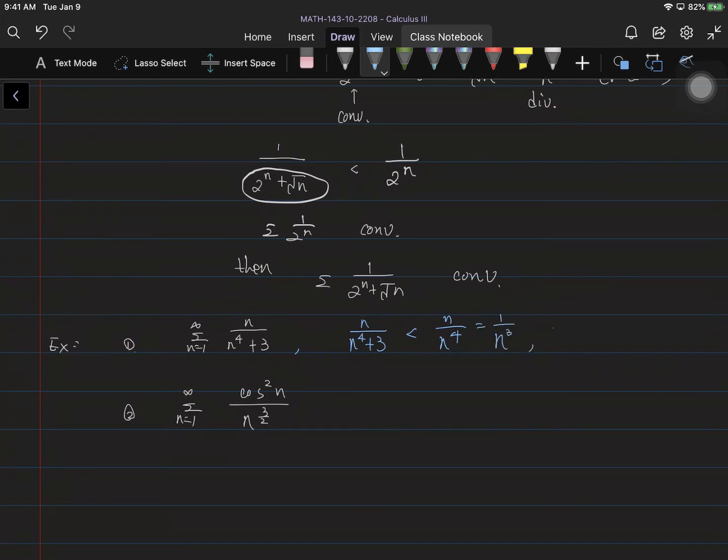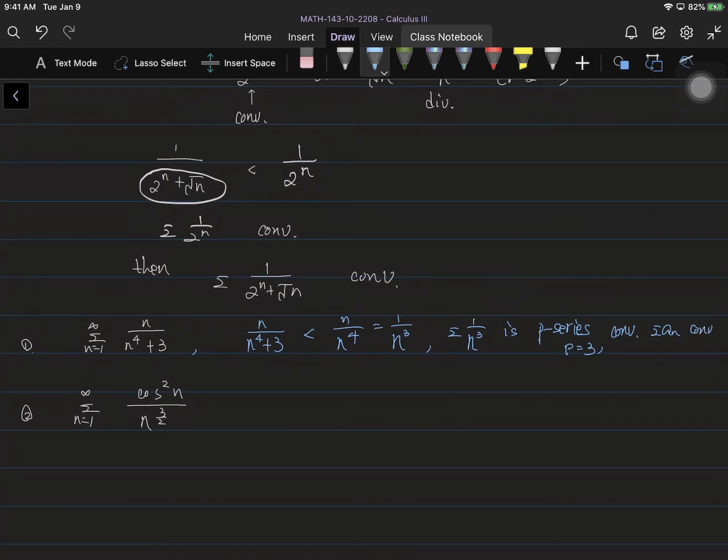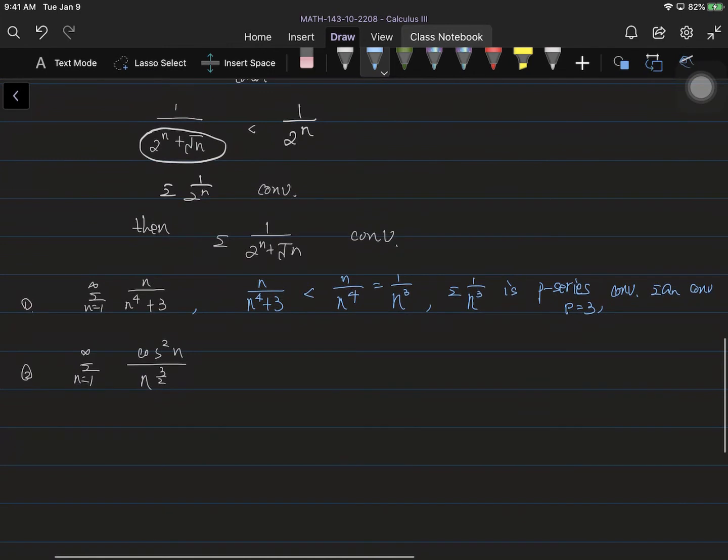And we know this is a p-series, and p equals 3. So this converges. P-series converges. Then our series converges, because it's smaller than a convergent one. Okay.